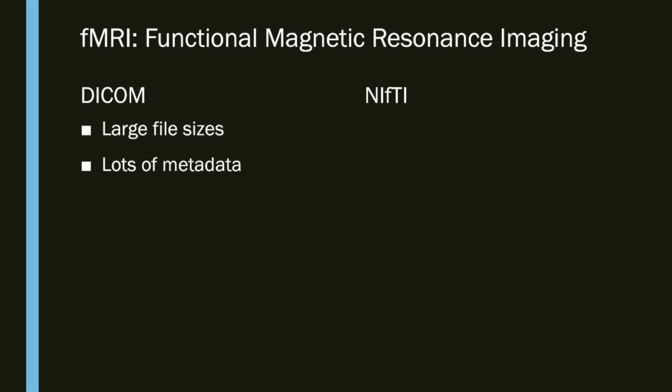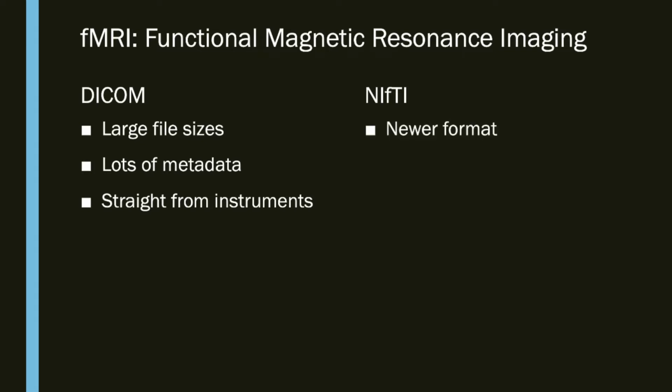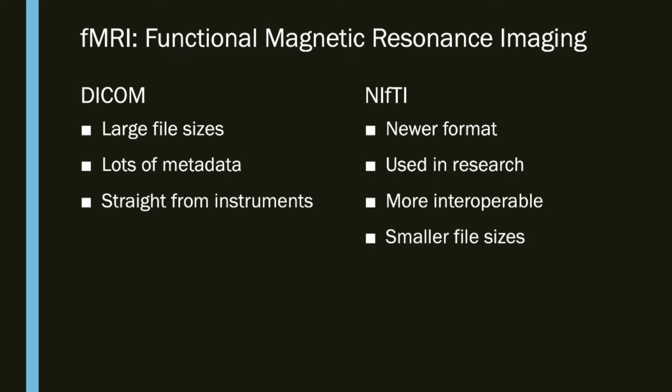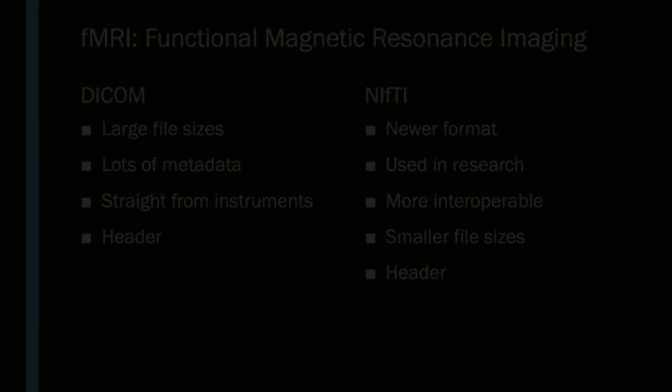If you are working with imaging data that came straight off the instrument, it will probably be in DICOM. The NIfTI format is newer and tends to be more commonly used in research settings as opposed to clinical. It is more interoperable than DICOM, with smaller file sizes that make it better suited for analysis, sharing, and uploading in a data repository. Both DICOM and NIfTI formats have the ability to include headers with information about the files.